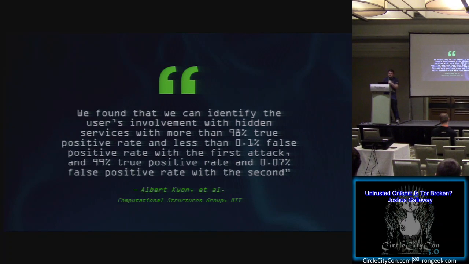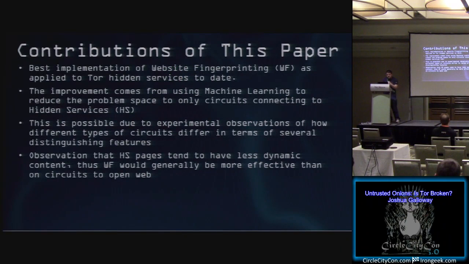The second attack, which is the stronger of the two proposed, has a 99% true positive rate. What is new about this paper is that it's the best implementation of a website fingerprinting attack. It gets that extra accuracy by using machine learning to do this circuit fingerprinting to narrow down the problem space.